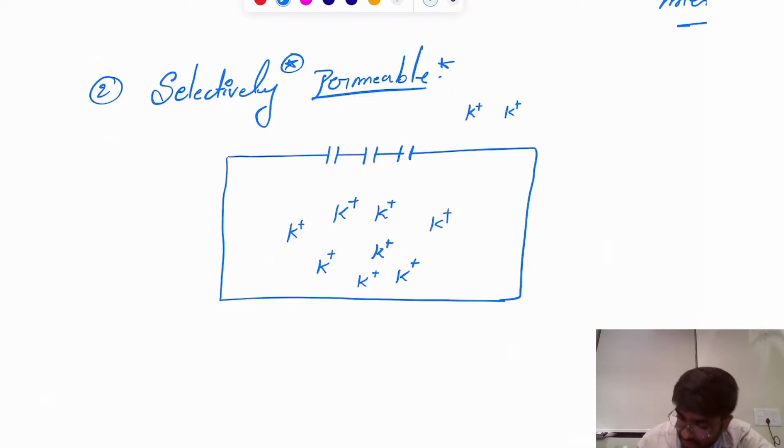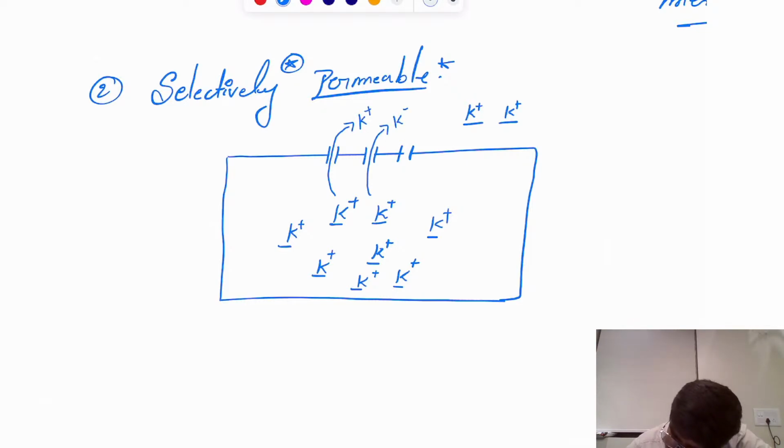According to the concentration gradient, outside the cells less potassium is there, and inside the cell there is more potassium. So potassium has a concentration gradient, and it can go out of the cell. From inside the cell, potassium is going out as positive ions.